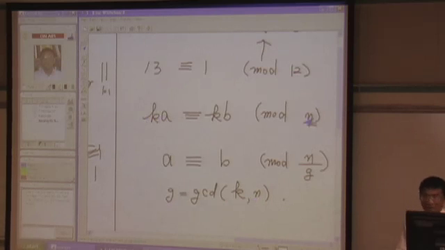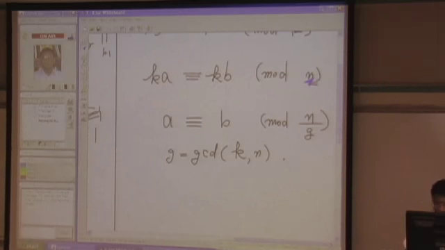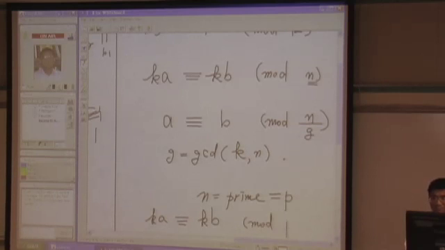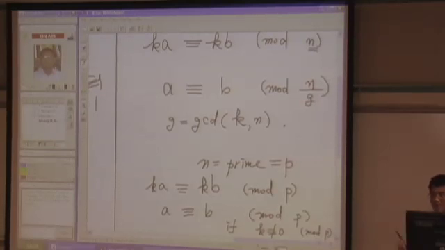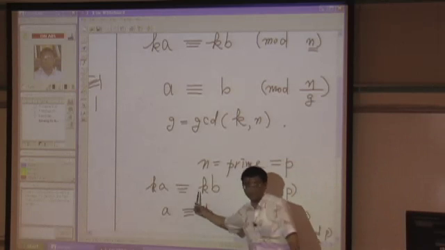When N is prime, say P, then KA is congruent to KB mod P means A is congruent to B mod P over GCD, but GCD happened to be 1, so still P, if K is not congruent to 0 mod P. If K is some number such as P or 2P or 3P, or 0, then it's useless, right?